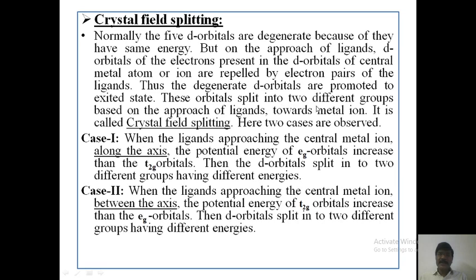These orbitals split into two different groups based on the approach of ligands towards the metal ion. It is called crystal field splitting. To understand it easily, my dear students, when ligands approach the d orbitals of the metal atom or ion, they are promoted from ground state to excited state.